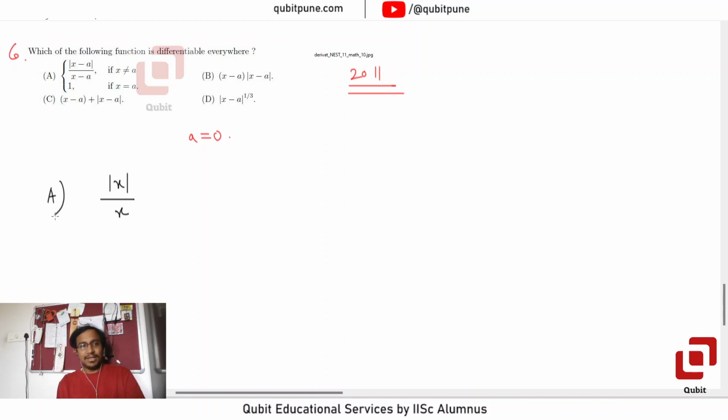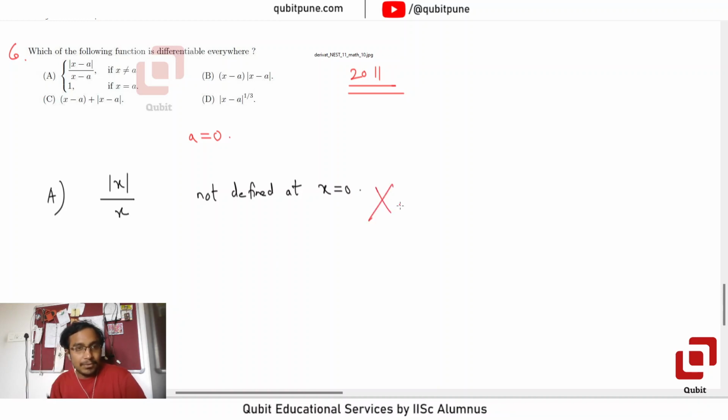So we know what this function is. This function is not defined at 0. Now everywhere, I understand by everywhere we mean for all real numbers. So not defined at 0, so no question of that being differentiable.